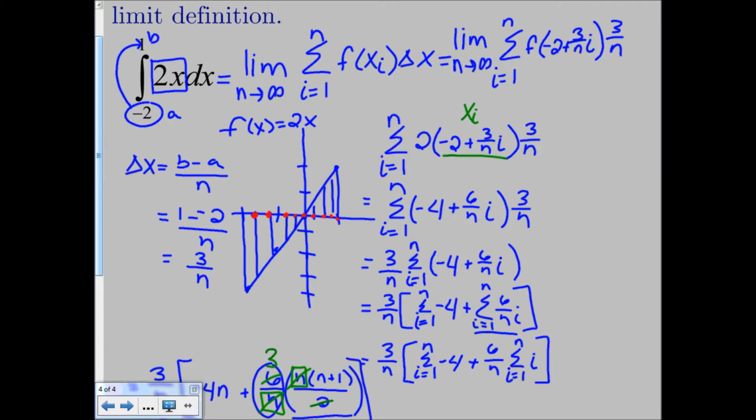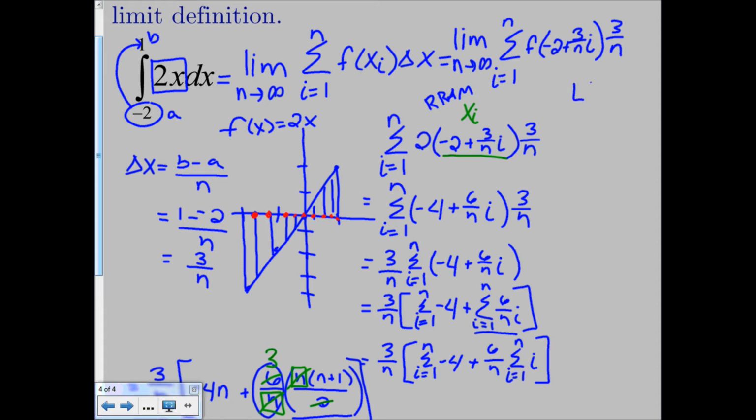So if you're having trouble figuring out how to write that yourself, just draw a picture and draw a finite number of rectangles and figure out if you want to do it with the left endpoints or the right endpoints. I think the right endpoints tend to be a little easier because if it's the left endpoints, you actually have to plug in, instead of 3 over n times i, we would have had, so this was with your RRAM.